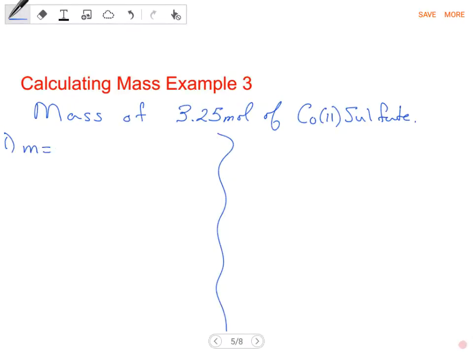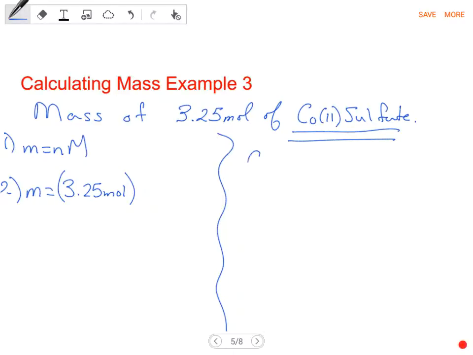m equals nM, and n equals 3.25 moles. What we are lacking is our molar mass. So we need our formula here, everybody. That's Co2+ and SO4 2-. Oh, this actually works out pretty good. They are perfectly balanced. So we have CoSO4.